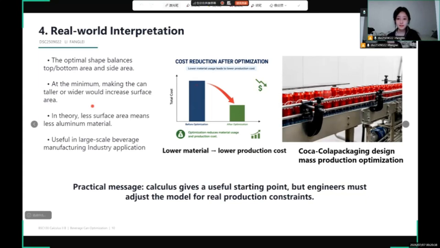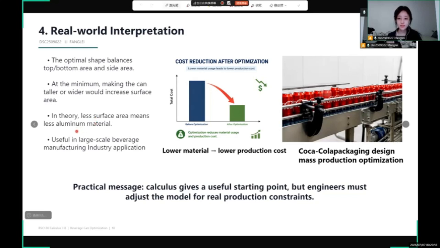In simple terms, this optimal design uses the least possible surface area, which directly means using less aluminum material. In real-world manufacturing, this is very important because beverage cans are produced in extremely large quantities.